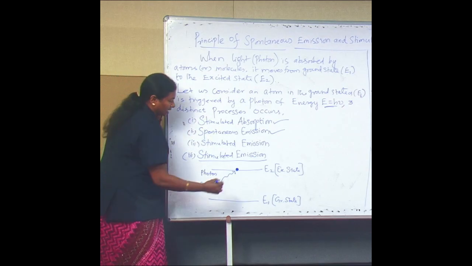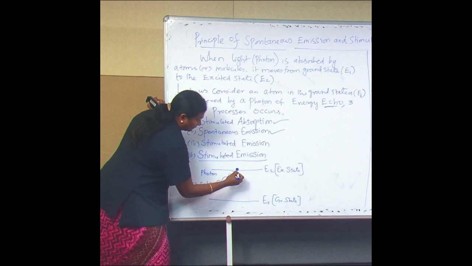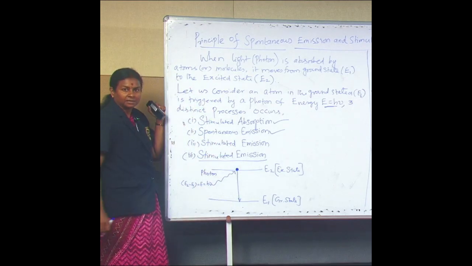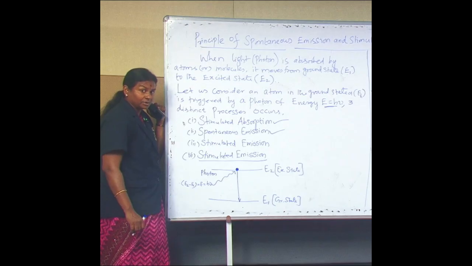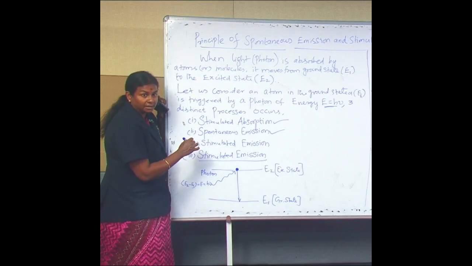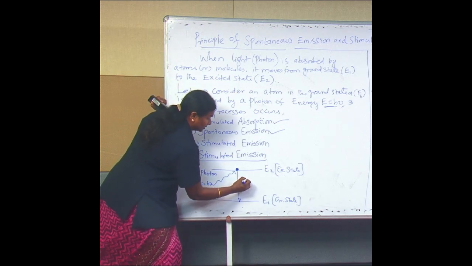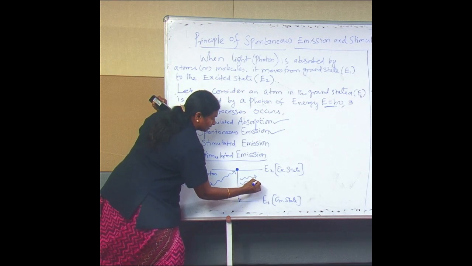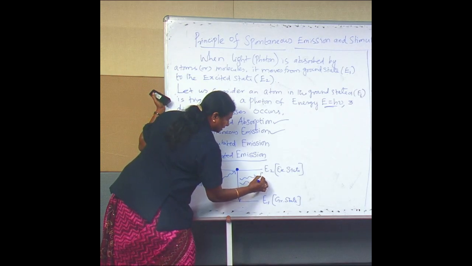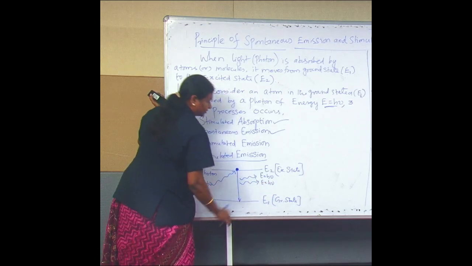Clear? And after this inducement, what will happen? The emission occurs. But what is the beautiful thing here? This atom during the downward transition is going to emit double the amount of energy. So, here I can write E is equal to h nu, then E is equal to h nu.